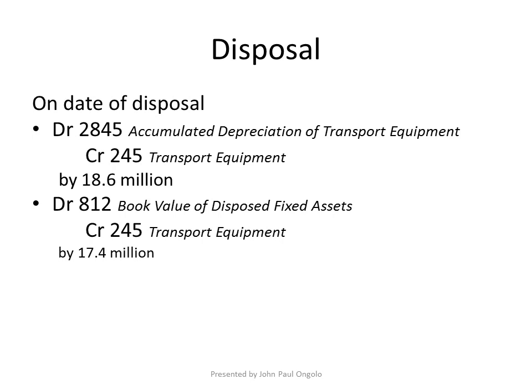By so doing, with this second double entry, we are effectively closing the transport equipment, because the two amounts recorded on the credit side of the transport equipment account are first 18.6 million, which was the total accumulated depreciation, then 17.4 million, which is the net book value of the asset. If we add 18.6 and 17.4, that gives us a total of 36 million, which is the cost of the asset and was on the debit side of that account. So this second double entry serves to close the transport equipment, account 245.